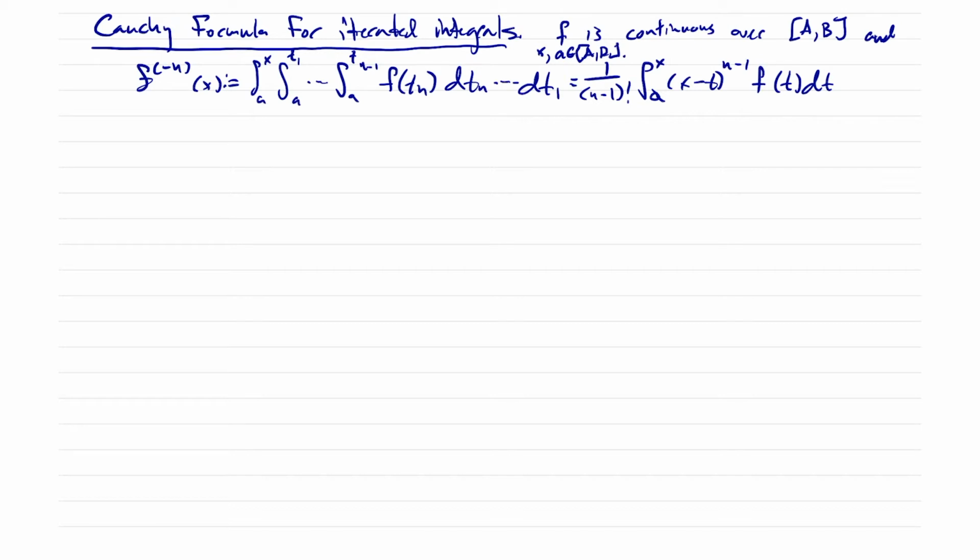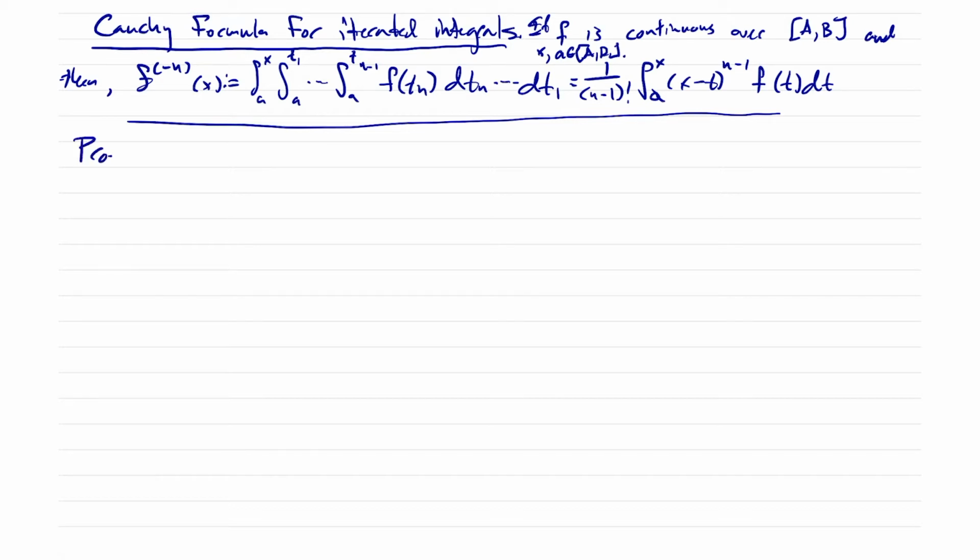If that happens, then the following holds. So we'll say if f is continuous over [a, b] and x and a are in [a, b], then ta-da, formula. Okay, so how do we get at this? We're going to go ahead and prove this by induction.